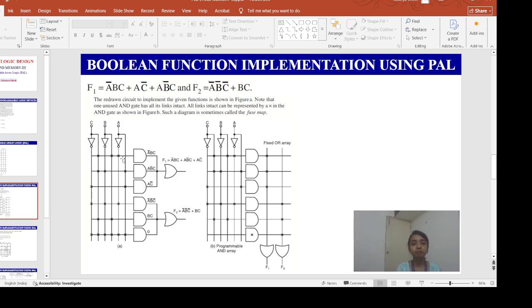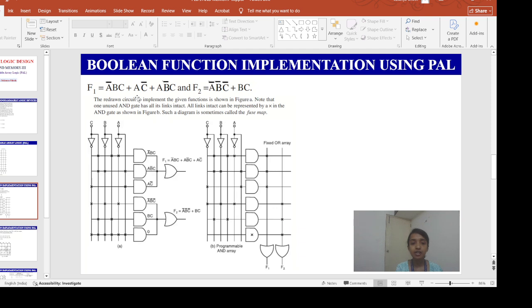Then A bar is there in the function, so we will put a cross here, then B we will put a cross here, then C we will put a cross here. So this will go as a single line to the AND gate. This gives me the first term of the function, A bar BC.